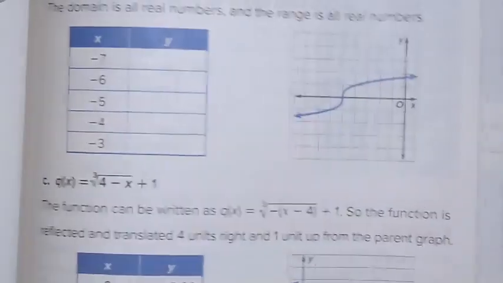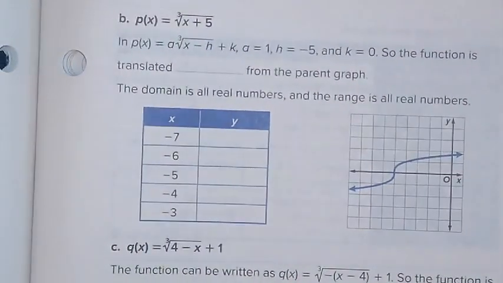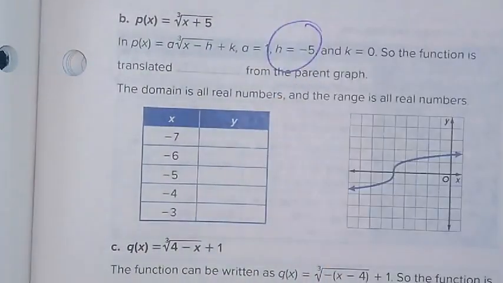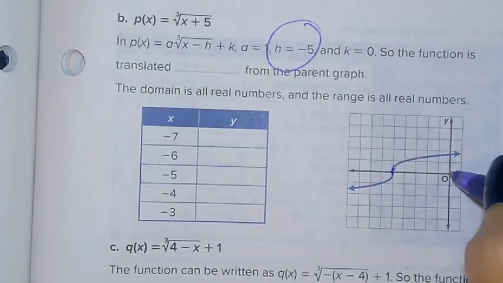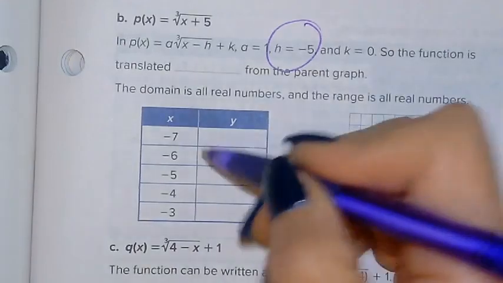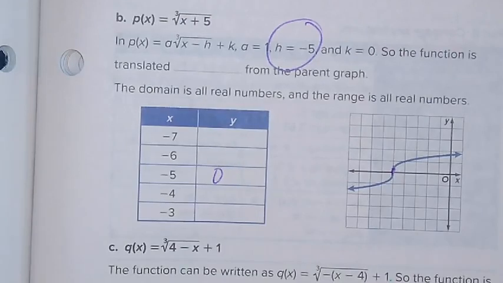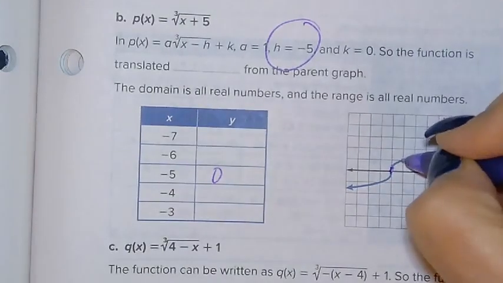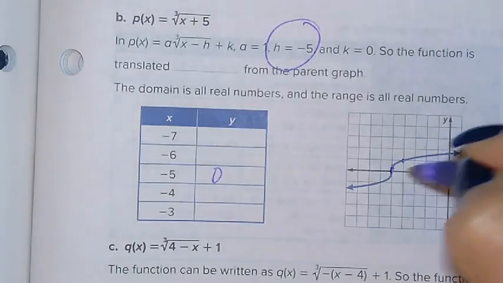Part B, only one transformation. Like they said, h is -5, so move left 5. So what usually would be at 0, 0, move left 5. So at -5, your y is 0. Cube root, you could take the cube root of 1 and the cube root of -1, but other than that, they are decimals.